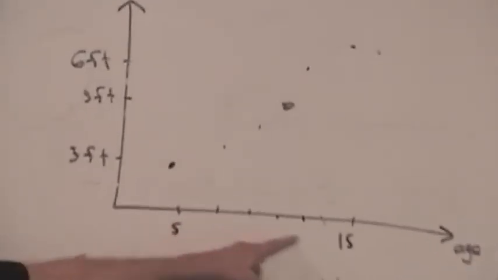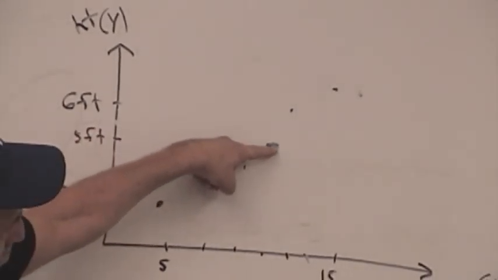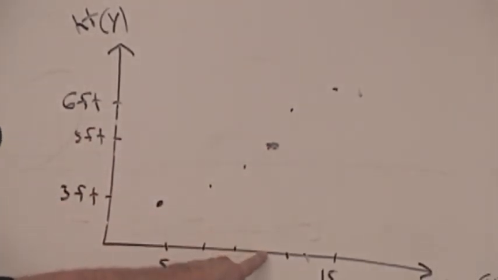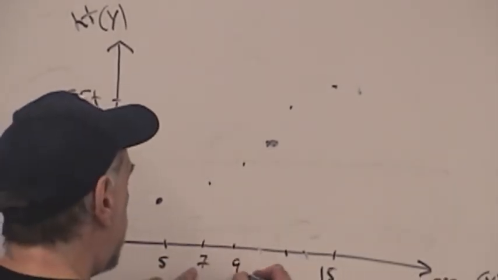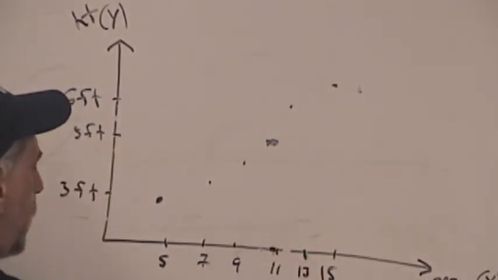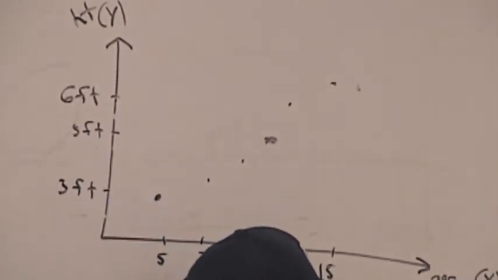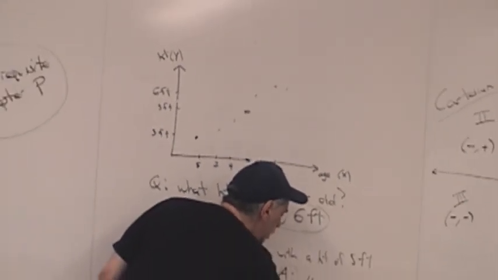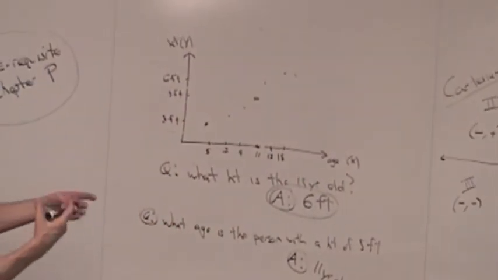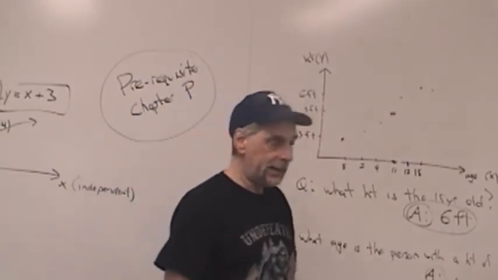Now instead of looking at the x and finding the y, like we did for this one, we're looking at the y value associated with 5 feet and looking for the x that's associated with that. If we look at these as 7, 9, 11, and 13 here, we can say it's the 11-year-old that's 5 feet. So that's reading a graph. Okay, reading it in either direction. Given an x value, be able to find the y. Given a y value, be able to find the x.